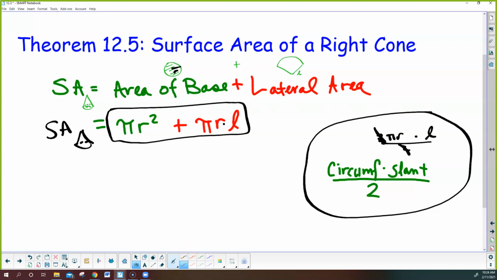You really just need to focus on, here's the surface area of a cone. And don't just try to memorize, think about why it is what it is. Pi r squared, well, that's the area of a circle, so that's the base. And pi r L is the lateral area. That's the area of that cone.